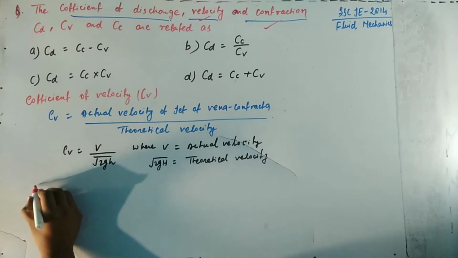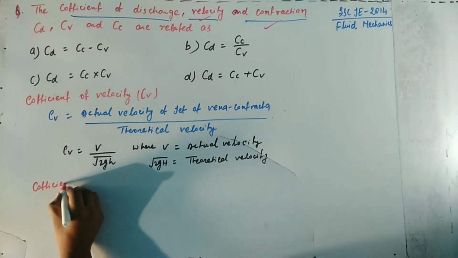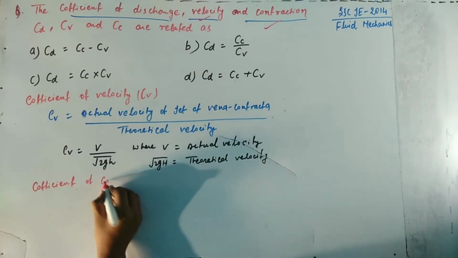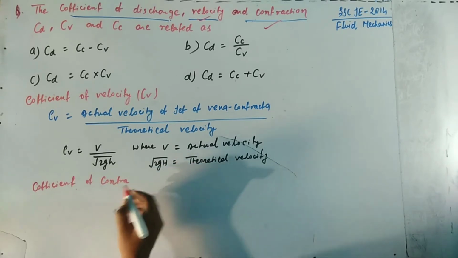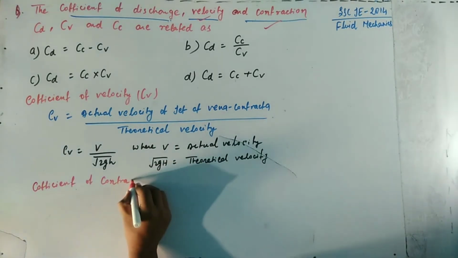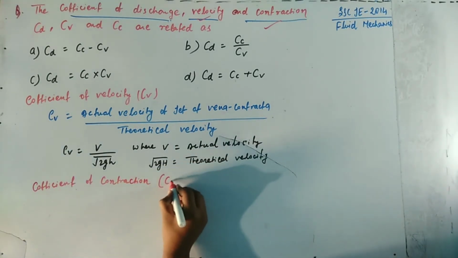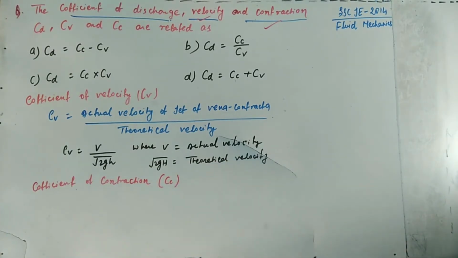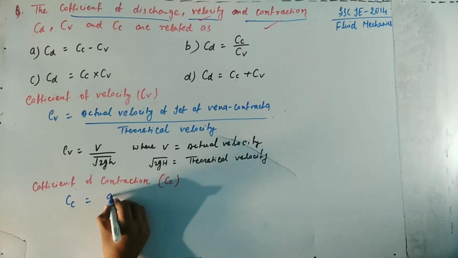Now the next coefficient is coefficient of contraction. What is coefficient of contraction? It is the ratio of area of jet at vena contracta to the area of orifice.